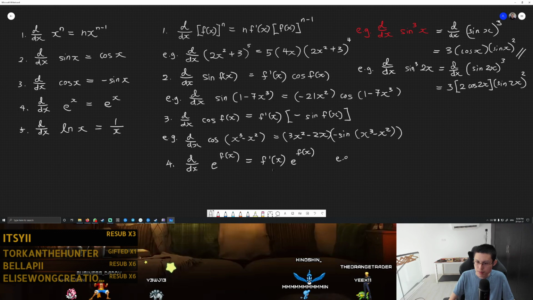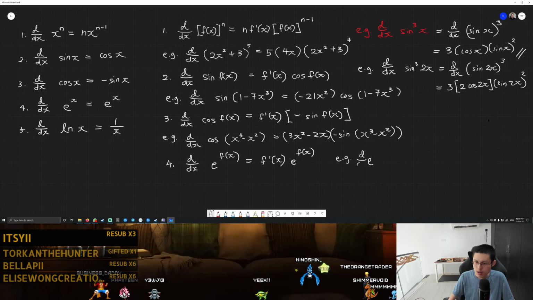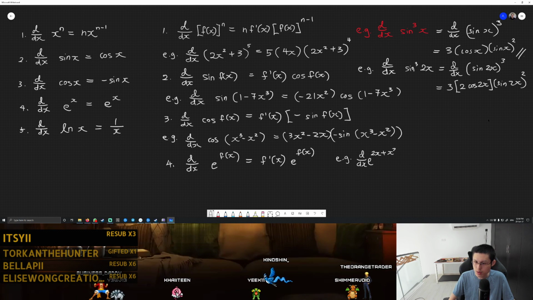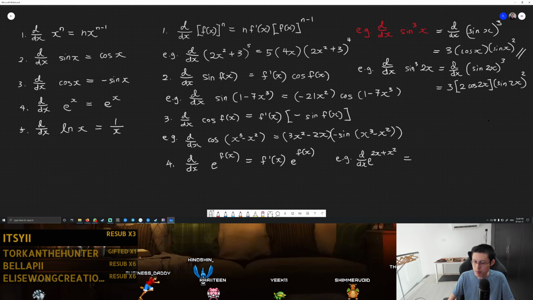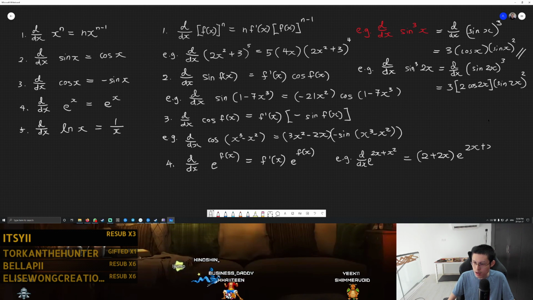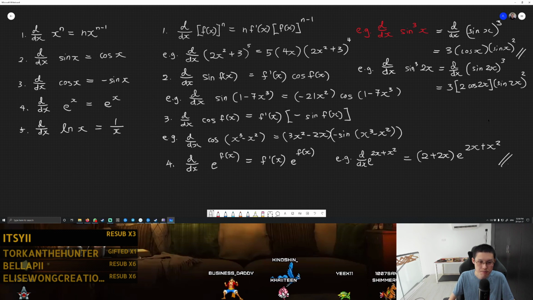For example, suppose I have e to the power of 2x plus x squared. Well, first we're gonna differentiate whatever is up here in the power. So that's gonna give us 2 plus 2x. And then we write e to the power of 2x plus x squared. There. Okay. Next one, we have the ln x.